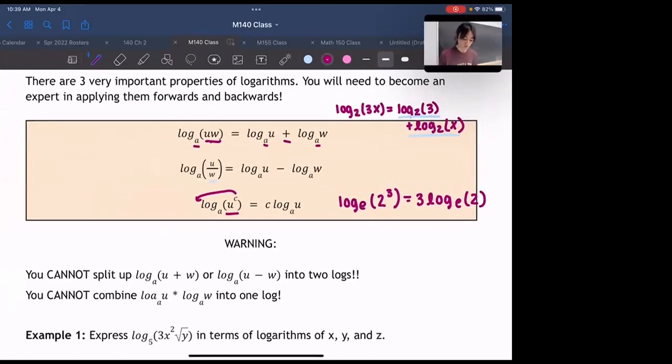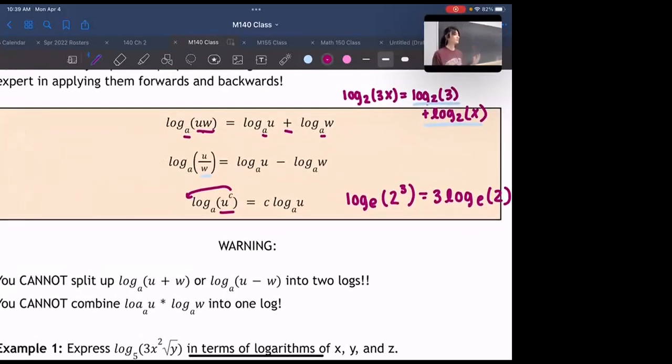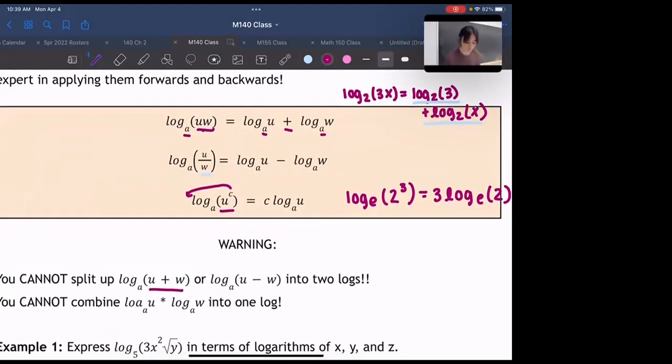Now, there is a warning, okay? This works for multiplication inside the logarithm, division inside the logarithm, and addition outside the logarithm, right? So if we have addition on the inside of the logarithm, like log base a of u plus w, or log base a of u minus w, you cannot split up the addition into two different logarithms, okay?